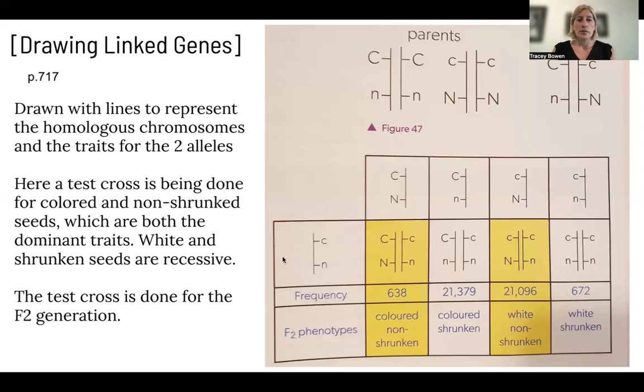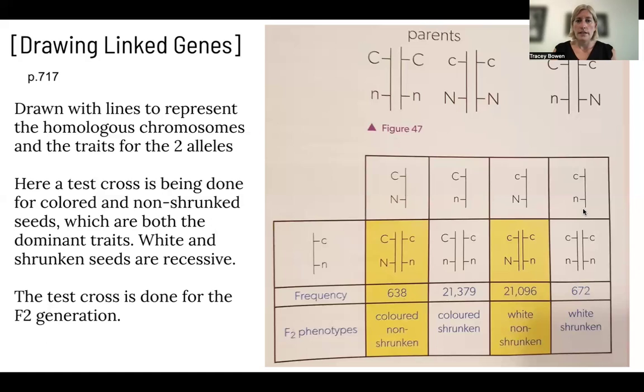Here we're doing a test cross where we have small c, small n recessive traits, and then they're going to crossbreed and we see what kind of seeds were produced. We can see here that we have 21,000 pea babies being produced from the parent gametes, and then a tiny little amount being produced by the recombinant gametes.